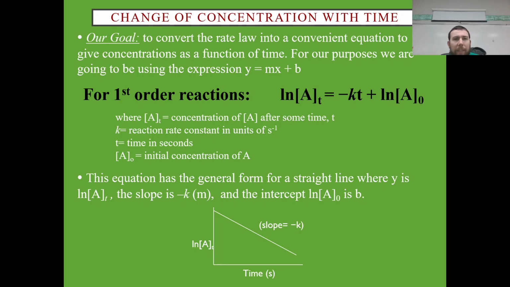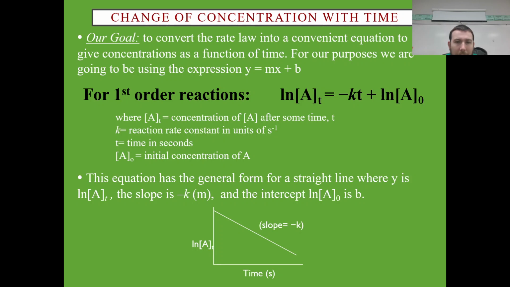Now, if a reaction is first order and you plot the natural log of concentration with respect to time, if you end up getting a negatively sloped straight line, then you're going to be able to deduce that that process is first order, right?